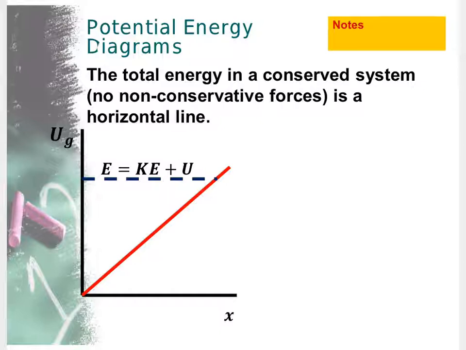So any object in a conserved system, in other words, a system that has no non-conservative forces, the total energy of that system is going to be a horizontal line, because in a conserved system, this total energy, which is kinetic plus potential, does not change. It stays constant, no matter where I am.